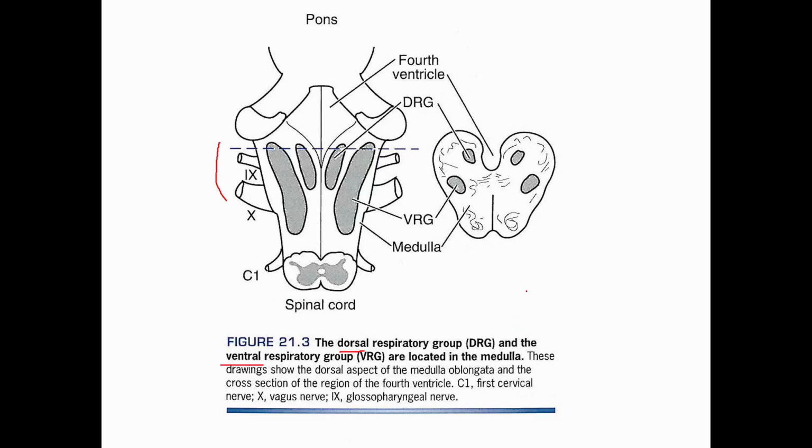If you remember from anatomy, 3, 4, 5, those are the levels of the cervical spinal cord. 3, 4, 5 keep you alive. That's where the motor neurons come out of the spinal cord.